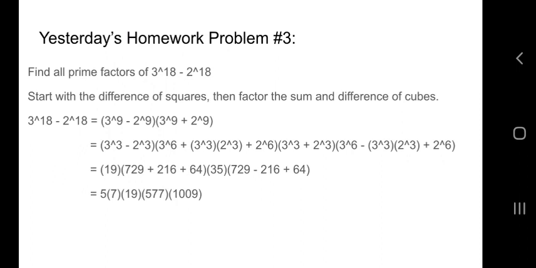But if we were to check, the square root of 577. Now, let's see. I know 625's square root is 25. 576 is 24. Okay, there we go. So the square root of 577 is roughly 24 point something. So the highest prime you need to check is 23.